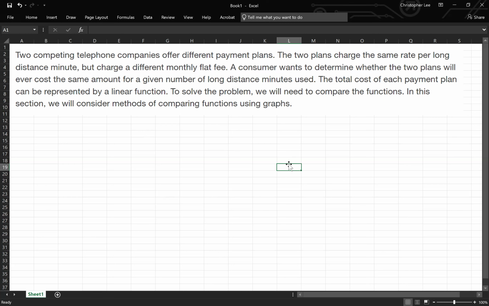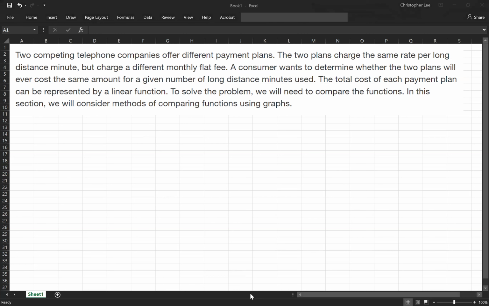A consumer wants to determine whether the two plans will ever cost the same amount for a given number of long distance minutes used. The total cost of each payment plan can be represented by a linear function. So to solve problems, we will need to compare the functions. In this section, we will consider methods of comparing functions using graphs. And by functions, I mean linear functions.